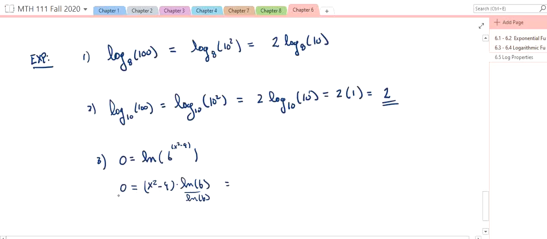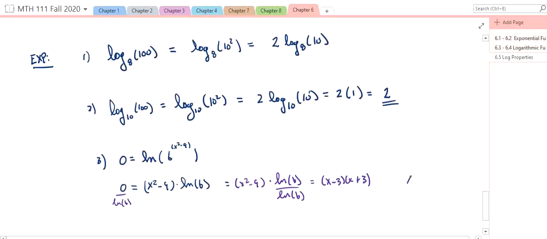So if I divide both sides now by natural log of 6, we divide that out, and we're left with just x minus 3 times x plus 3.